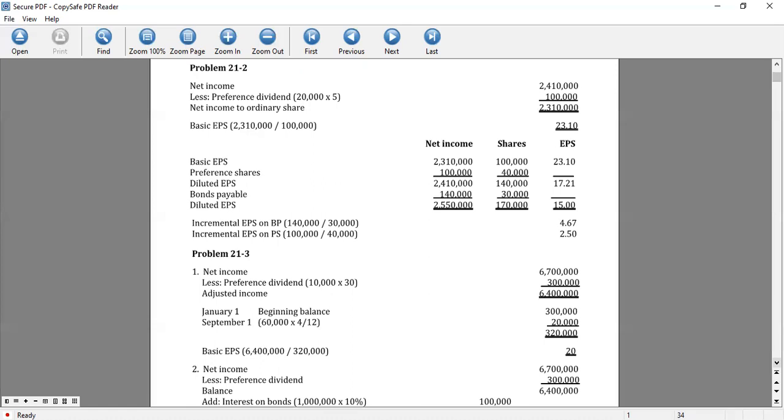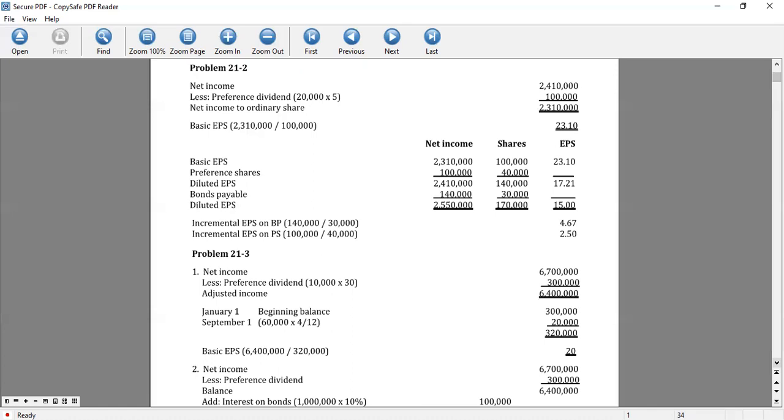So the basic EPS, let's now begin with the net income, the shares of 100,000 with basic earnings per share of 23.10. Then the diluted earnings per share for the preference shares, we have 100,000 shares, and our net income, and then we have 40,000 shares.